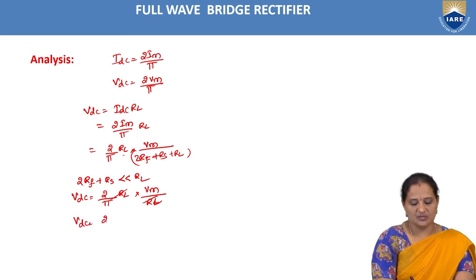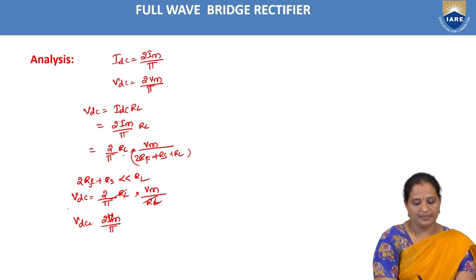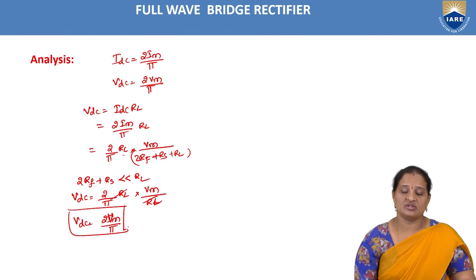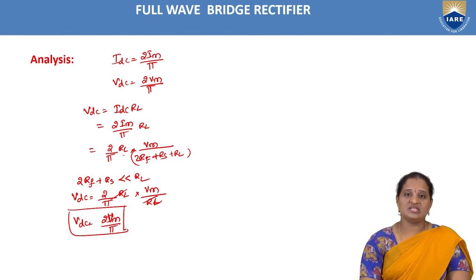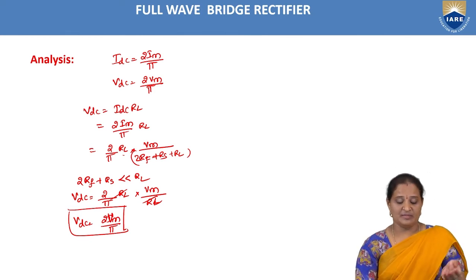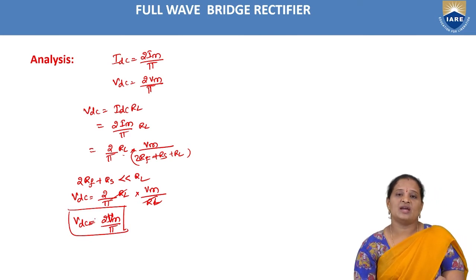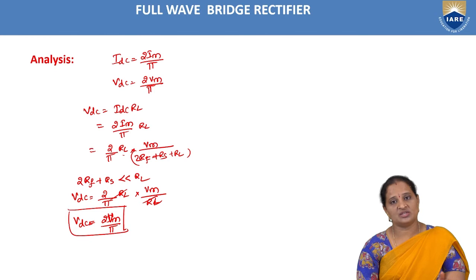So VDC is equal to 2 VM by pi. So IDC is 2 IM by pi and VDC is 2 VM by pi, which means the average value of output voltage and average value of output current are 2 VM by pi and 2 IM by pi respectively.